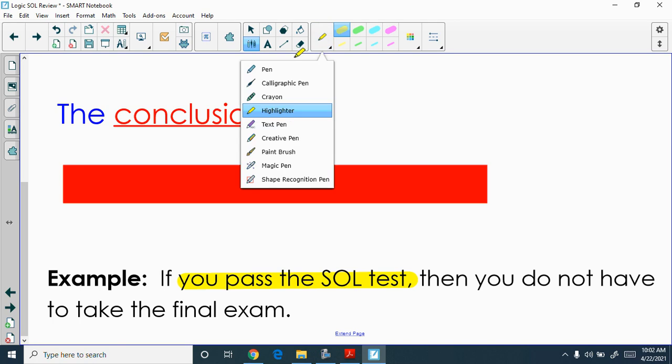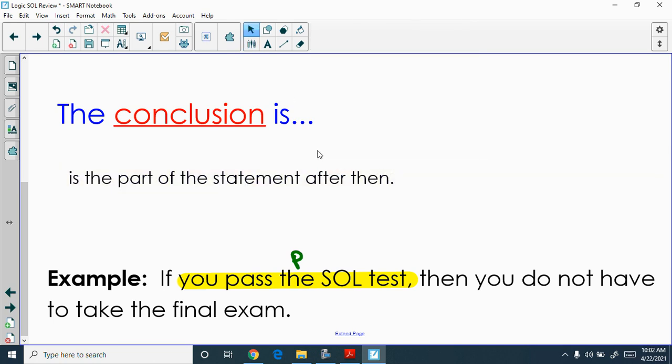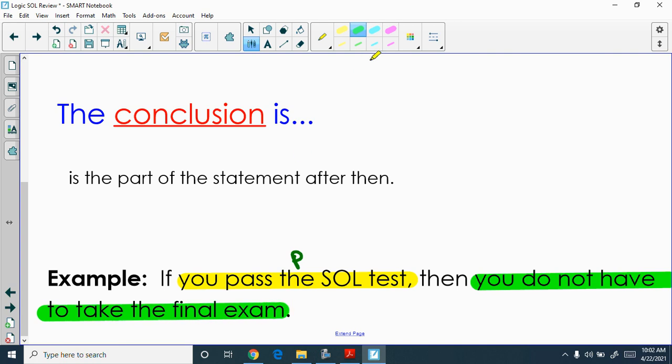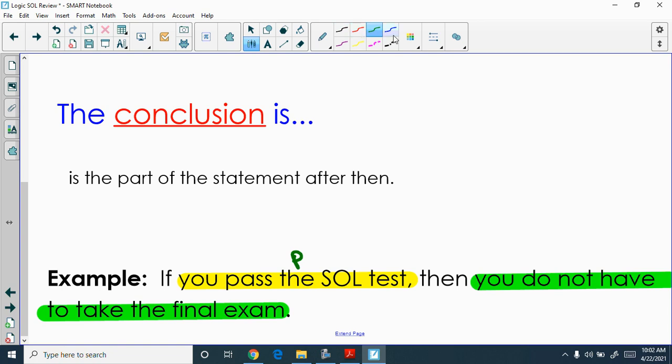And we actually represent the hypothesis with a letter P. So this is my P. The conclusion is going to be the part after the word then. So you do not have to take the final exam is going to be our conclusion, and we represent conclusions with the letter Q.